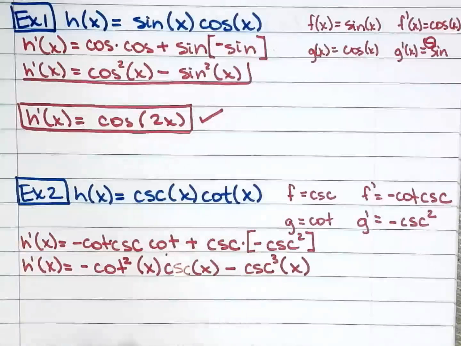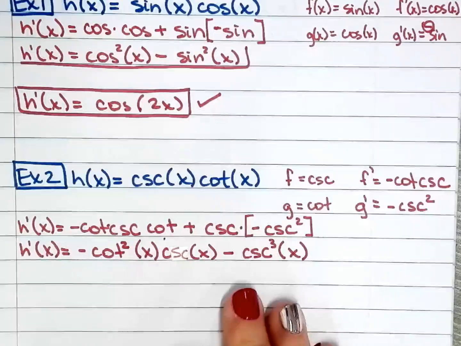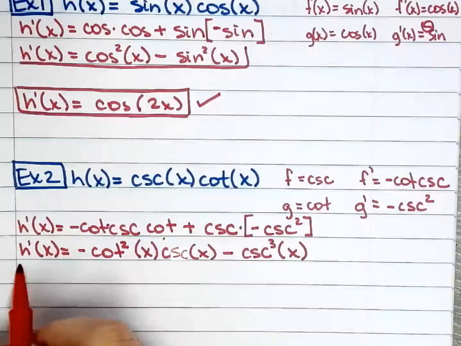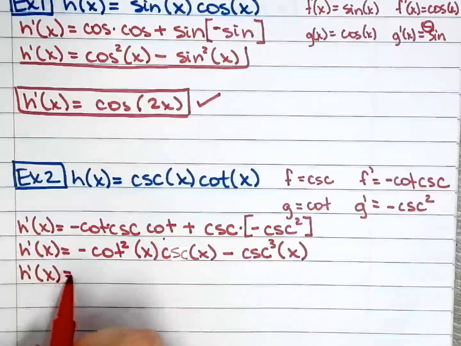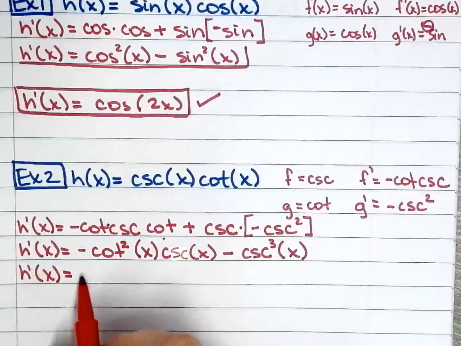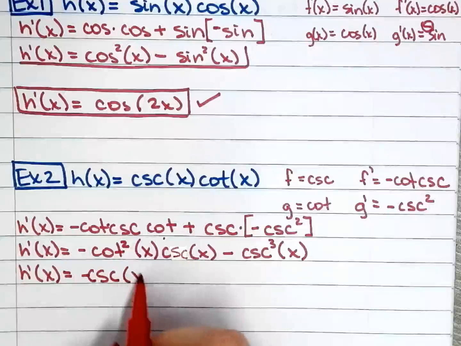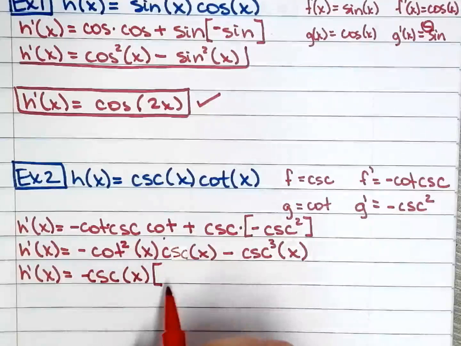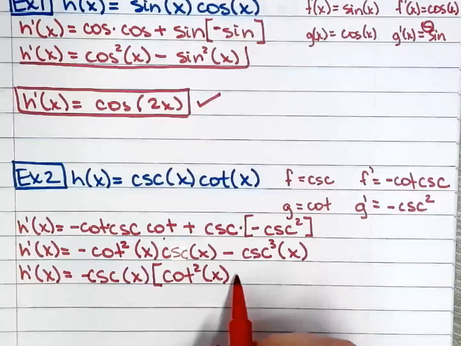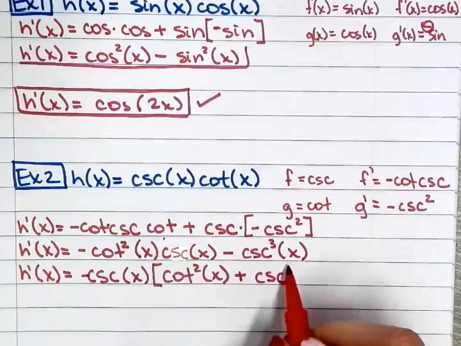Okay, this looks nice. That's mathematically correct, but I just can't help it. I have to factor out the cosecant. So let's factor out negative cosecant since they're both negatives. When you factor that out, now you have cotangent squared and then you have cosecant squared right there.